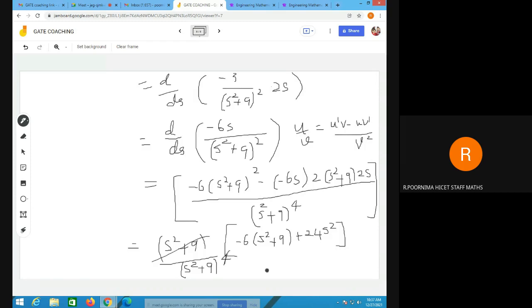You can expand this: minus 6s square plus 24s square minus 54. We have to simplify this.